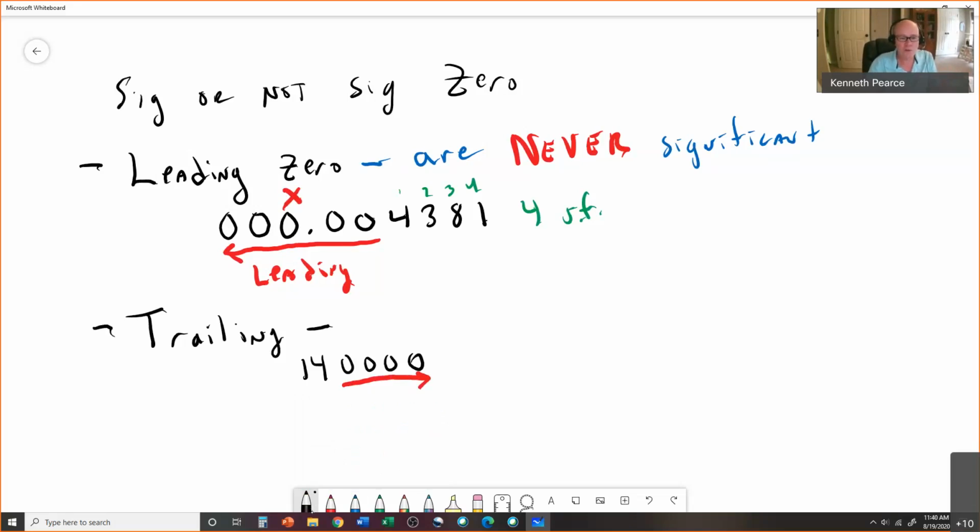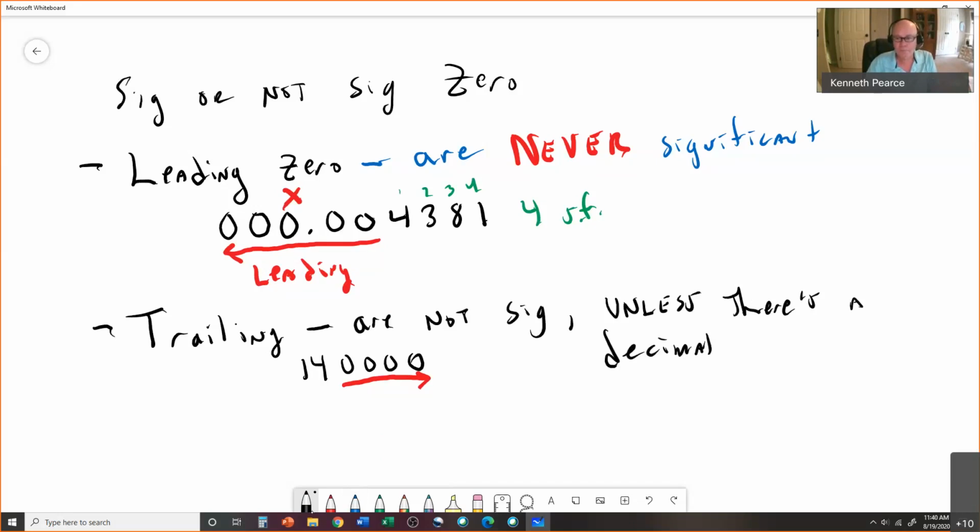And what we're going to say is that they are not significant unless there's a decimal somewhere. And when I say somewhere, I mean anywhere. Okay.